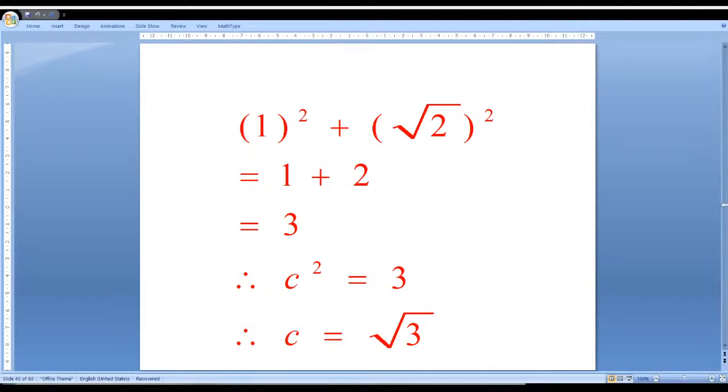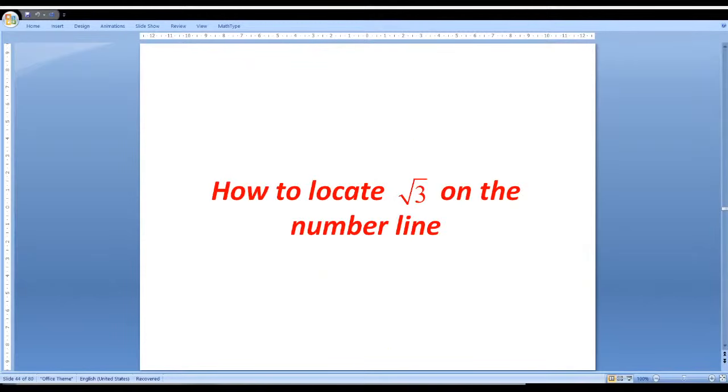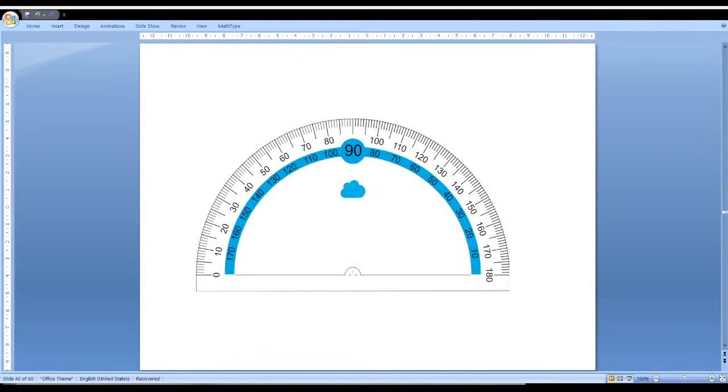Understand? So now let us see how to locate root 3 on the number line.